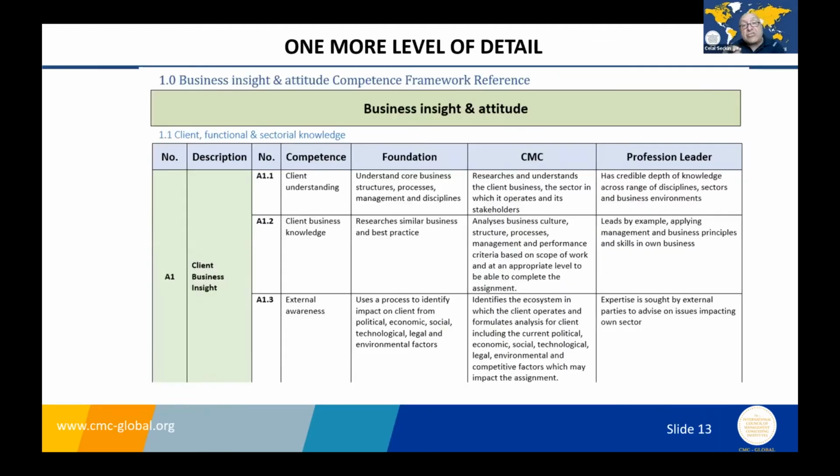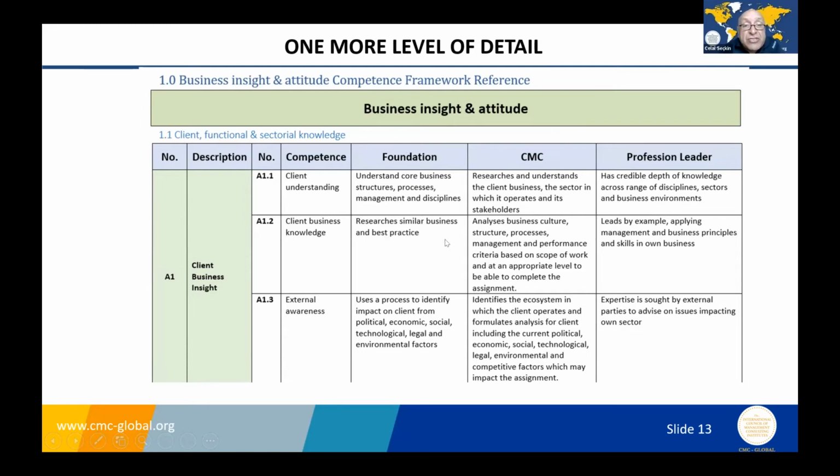So this is the structure, and you will see this structure in the full document of the CMC competence framework. For example, in client business insight, we have this structure described for each column of the level of CMC expectations.